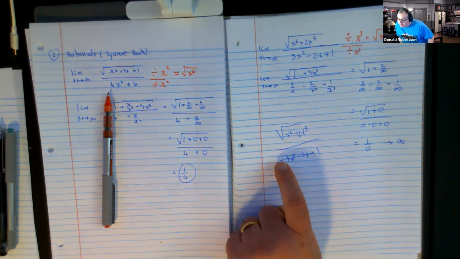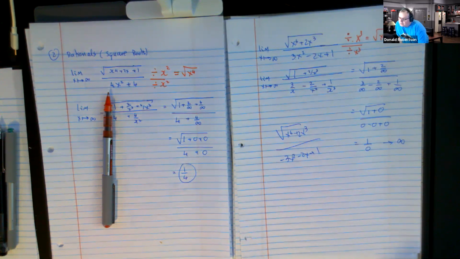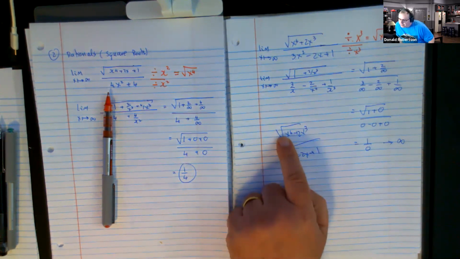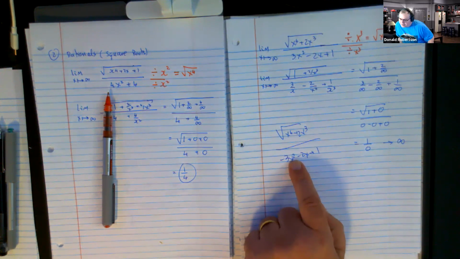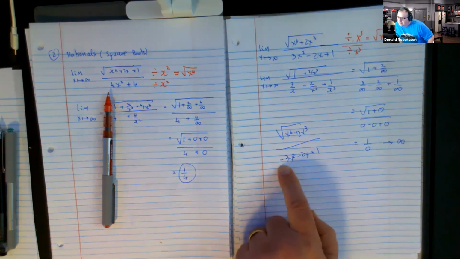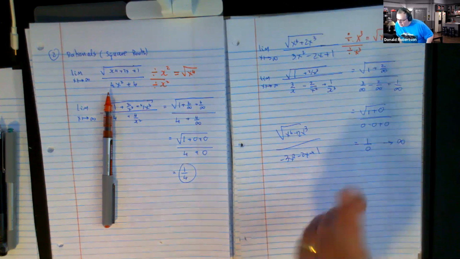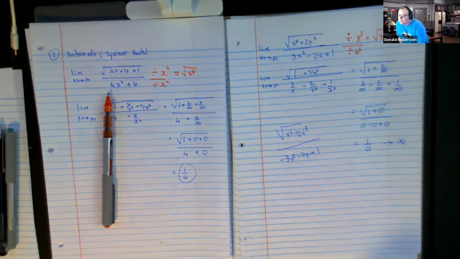Can you trust me that that would have a limit of negative infinity? Top answer's positive, right? Would you agree that that's negative because x squared is going to win, so negative 3 infinities is going to make the bottom a negative number? Positive thing, negative answer. And you know the answer is infinity, so negative infinity.